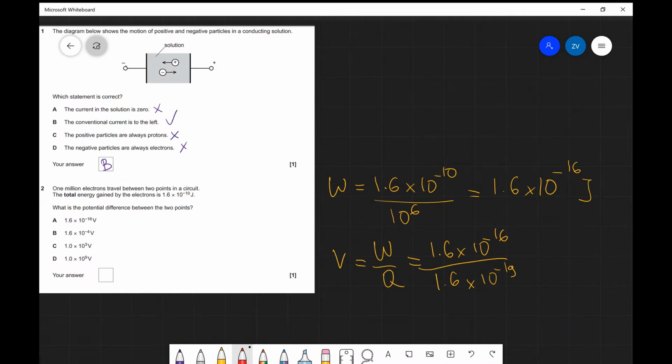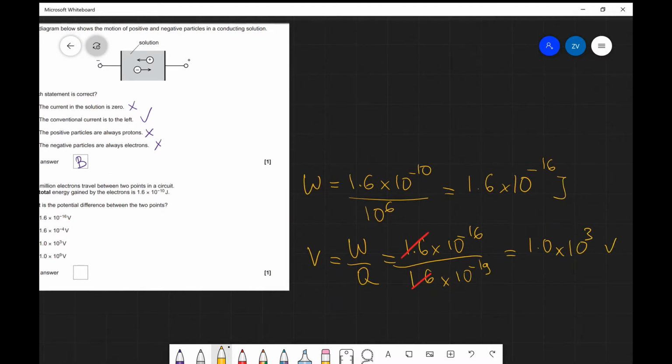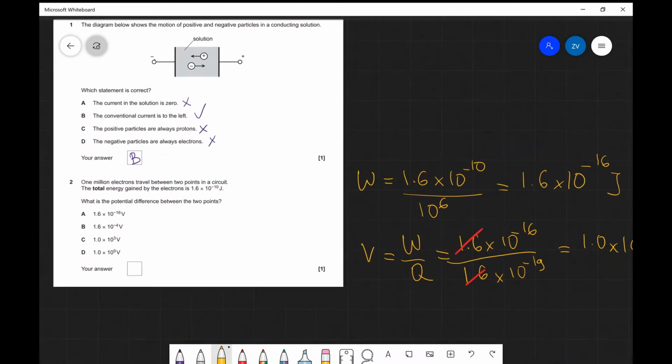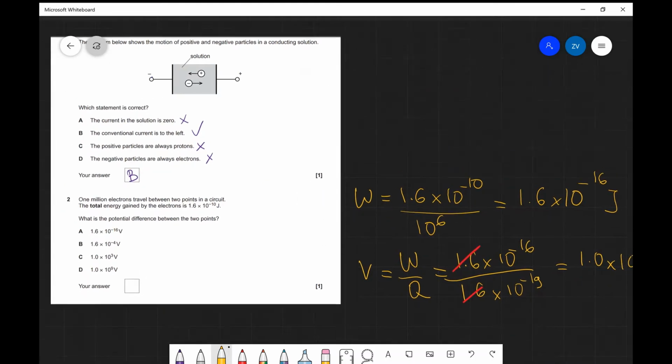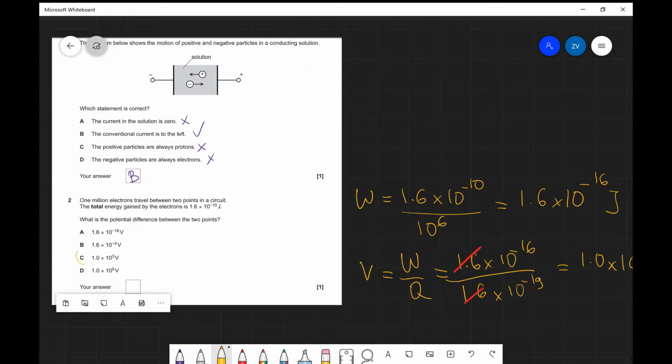We can just cancel those 1.6's, and all we have is 10 to the power of minus 16 divided by 10 to the power of minus 19, which is going to equal 1,000, or 1.0 times 10 to the 3 volts of potential difference. So this means the correct answer in this case is going to be C.